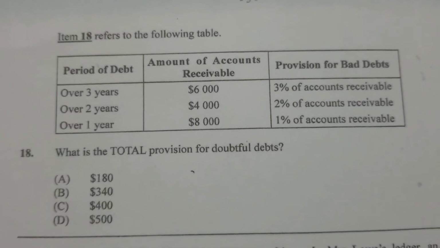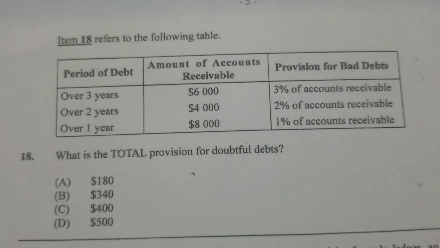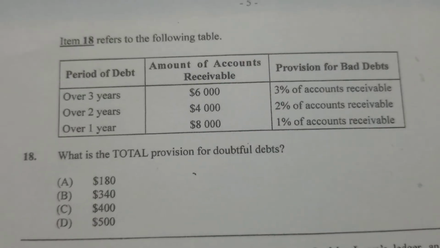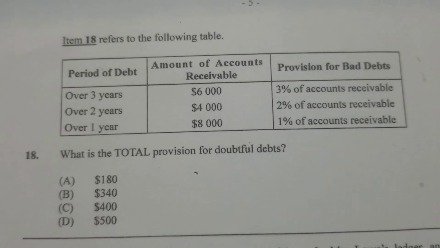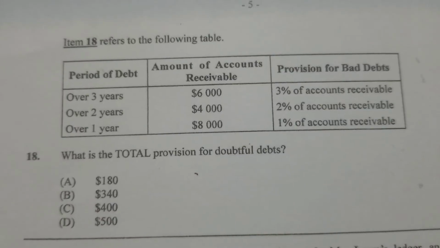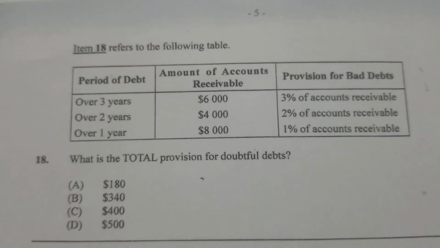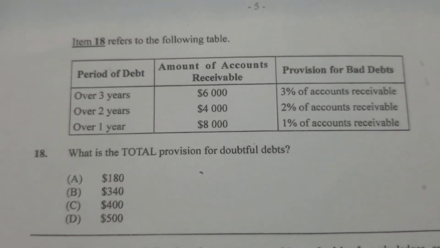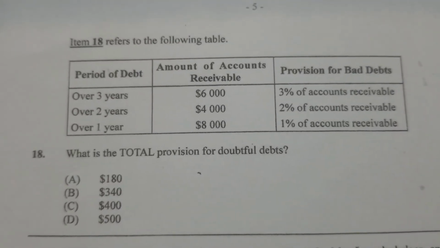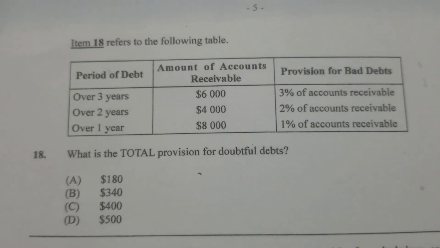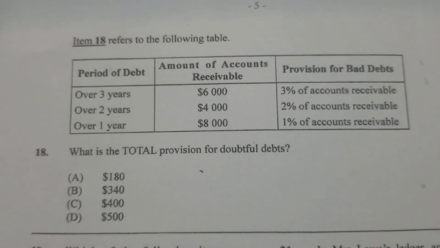370. Question 18. Item 18 refers to the following table. As we examine the table, the question says, what is the total provision for doubtful debt? In this question, they're using what is called the aging method for provision for doubtful debt.